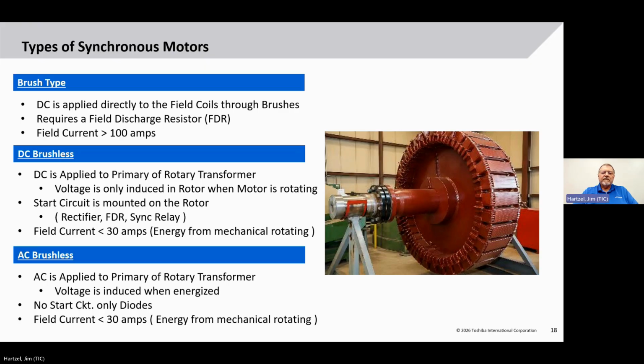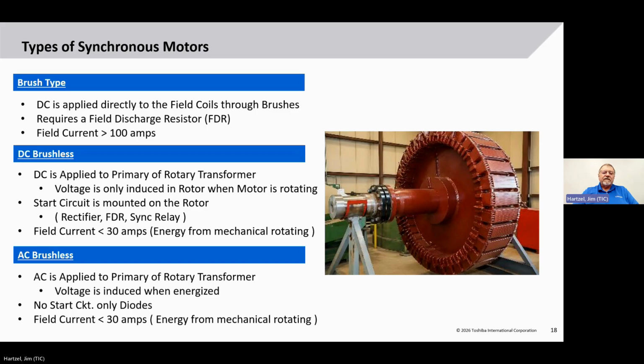Okay, the brushless tend to have very low field current that you hook up to it. So when someone is asking me for a quote for a drive for a synchronous motor, we have to identify what type of motor it is, which one of these 3 types. So that's kind of one way I look at it, is if it's a real high current, then it's probably a brush type motor, but we need to confirm that.